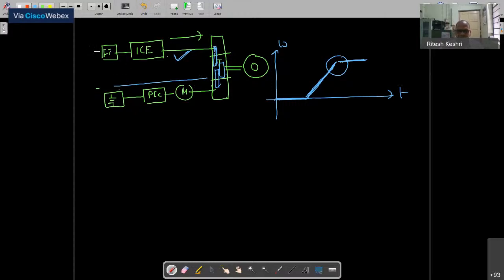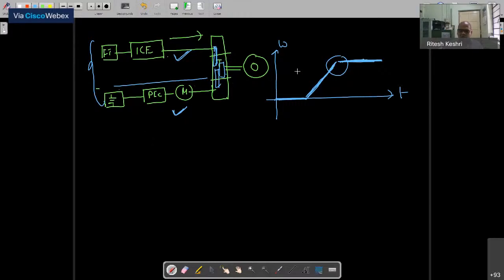In full hybrid, you will see that both would be working together. Next, during normal running also, both would be working. But here we have seen that during acceleration, we are working with the motor.